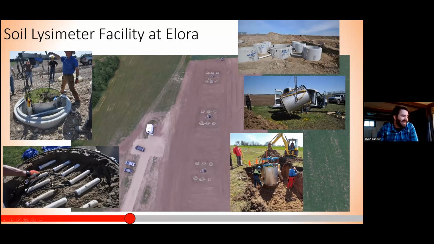One thing I found really cool is that these are actually intact soil cores. They were pounded in and then dug out from around, to keep all the soil perfectly intact the way it was in the field where it was retrieved.